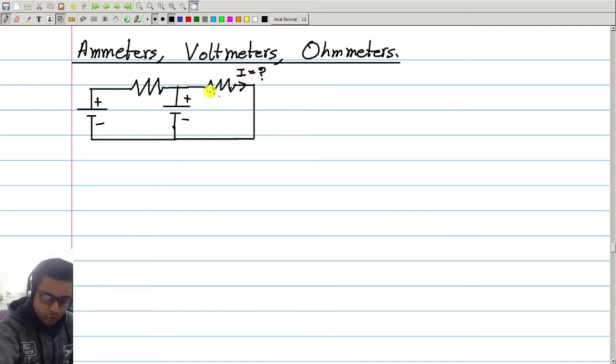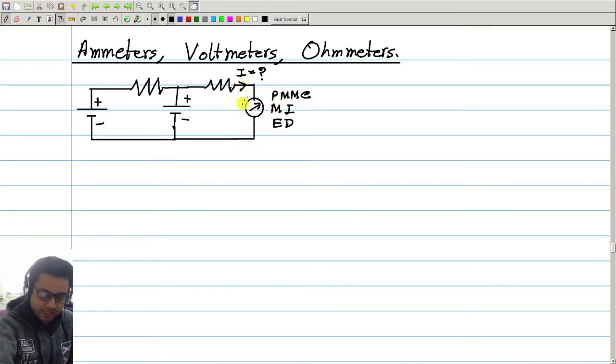We break this connection here and put an ammeter, and this can be a PMMC instrument that we have studied, or it can be a moving iron or an electrodynamic instrument, and all of them we have seen that their deflection depends on the current flowing through the coil.